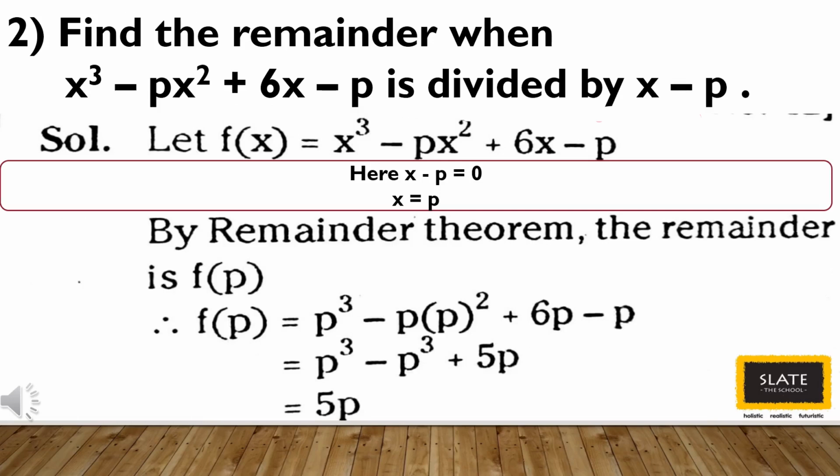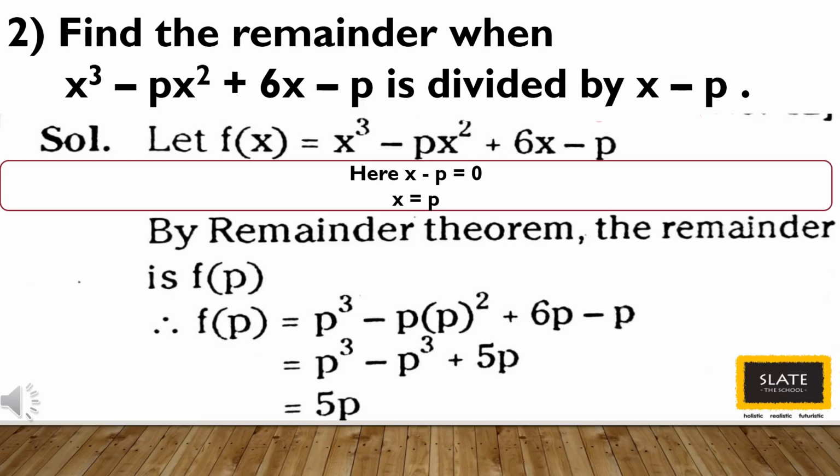Next question. Find the remainder when x cube minus px square plus 6x minus p is divided by x minus p. Let f of x be equal to x cube minus px square plus 6x minus p.